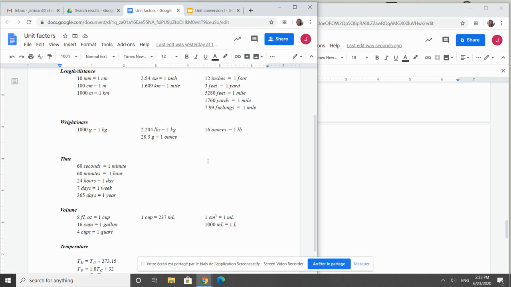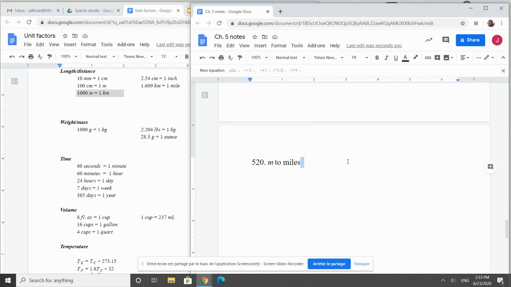So I go to length distance and I look in here and I'm seeing that I have something with kilometers and miles, but not miles and meters, but I have something between meters and kilometers. So I'm going to just go ahead and copy paste the things that I know I'm going to be using.